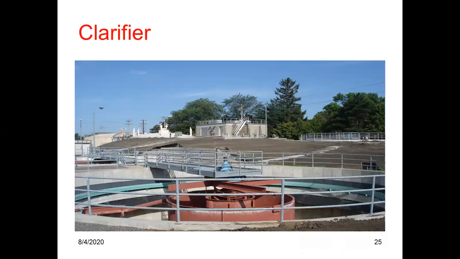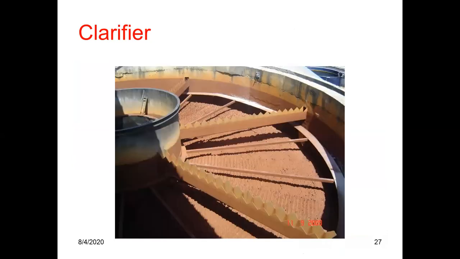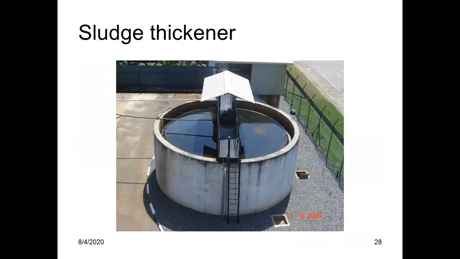This is a typical picture of a clarifier. This is the bottom of the clarifier. This is a sludge thickener. A thickener is also a type of sedimentation tank. The sludge coming from the primary sedimentation tank and the secondary sedimentation tank is sent to the thickener.